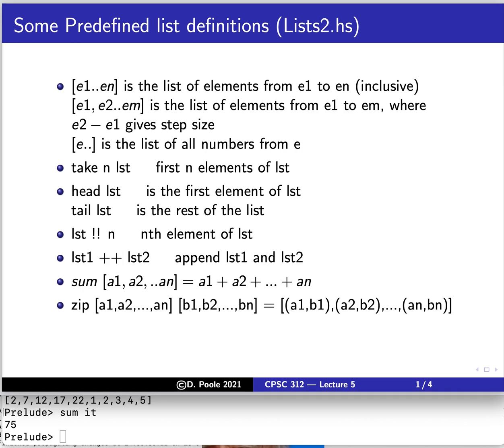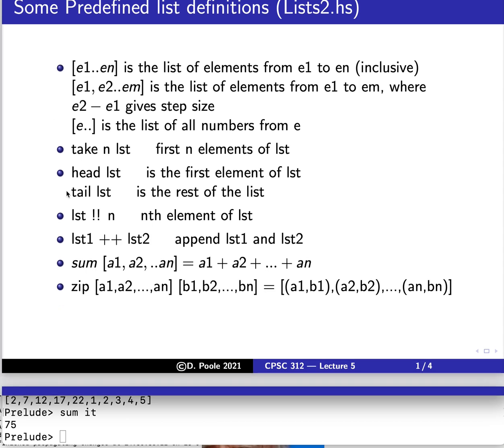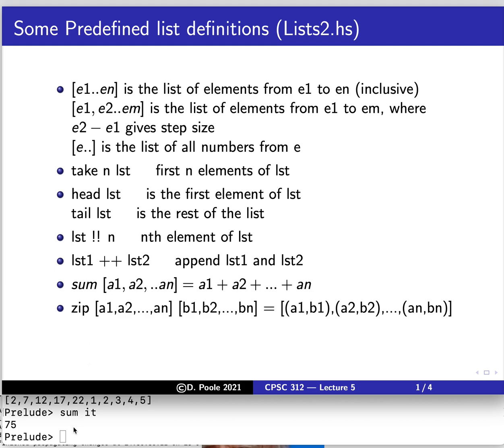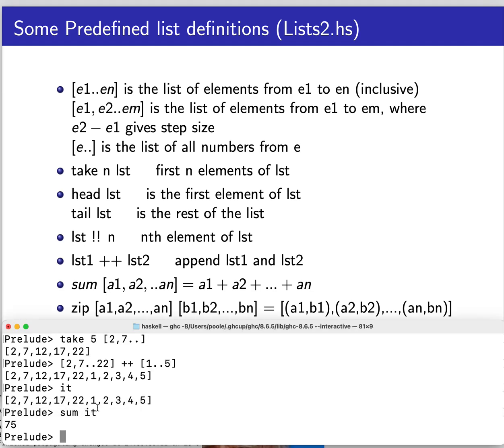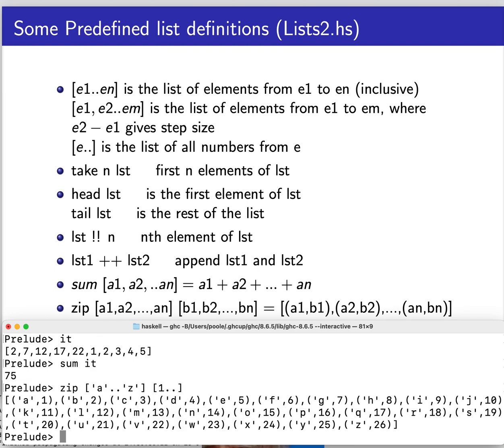One thing that is very useful is the zip function. So we can zip two lists together and we end up with pairs. Let's zip the list containing the letters 'A' to 'Z', all the letters from A to Z, with the infinite list of numbers, and we end up with this.